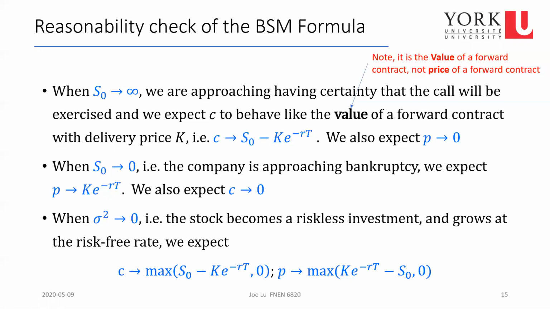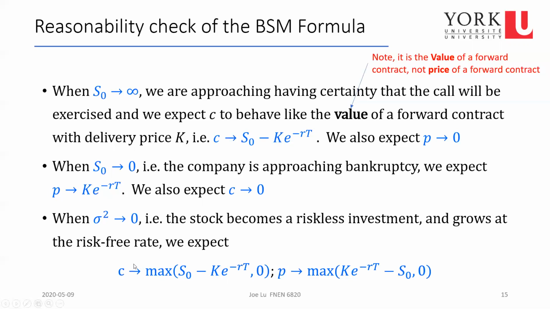And so if the current stock price is greater than the strike price, you will have a constant value, the value being the stock price minus the present value of the strike, right?